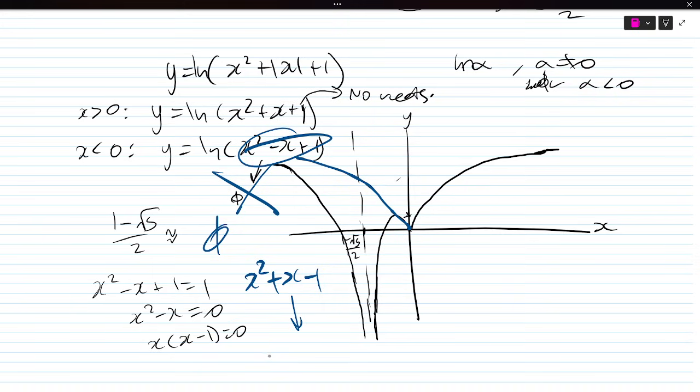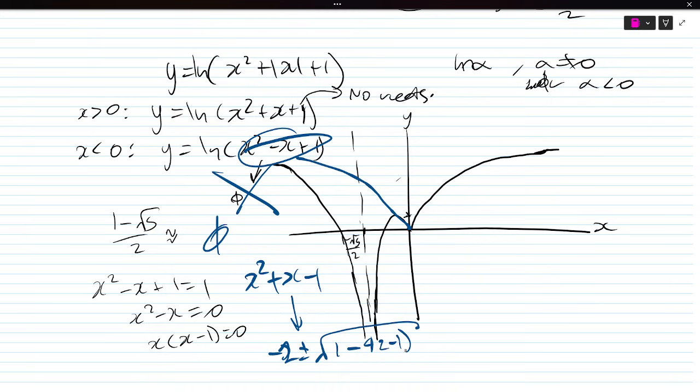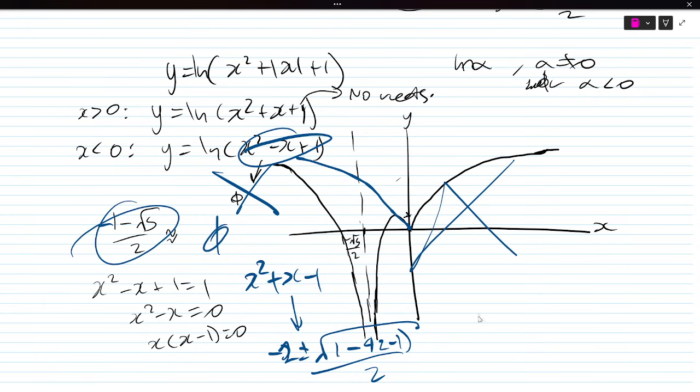This has root golden ratio. I need to check this for my own sanity. Yes, yes, yes. And the golden ratio is like this. Okay, I even recalled this wrong.